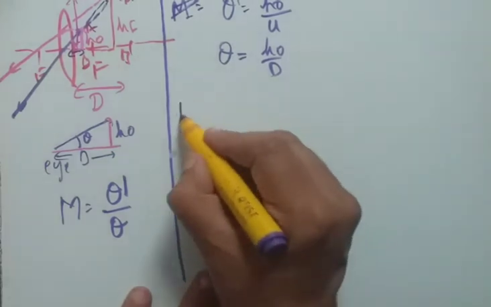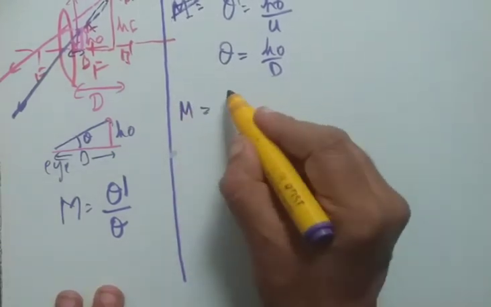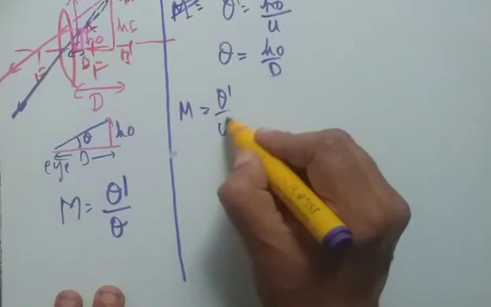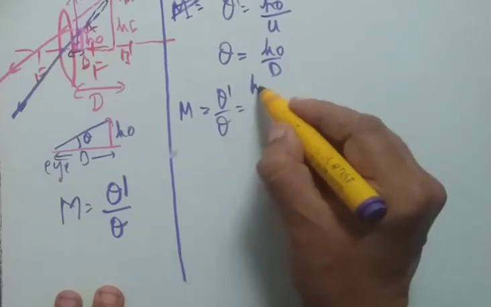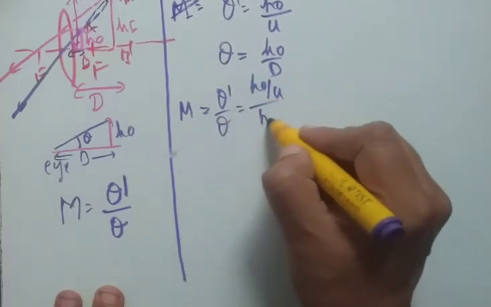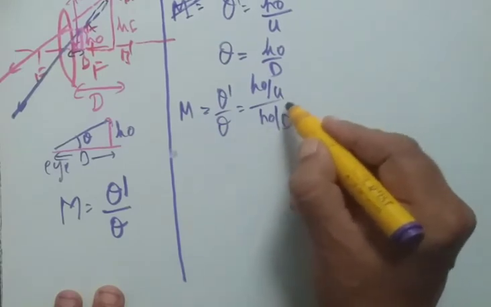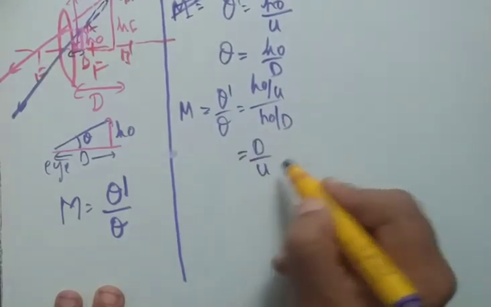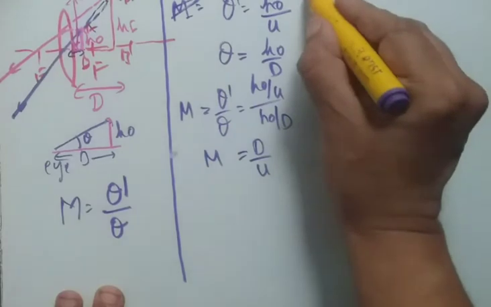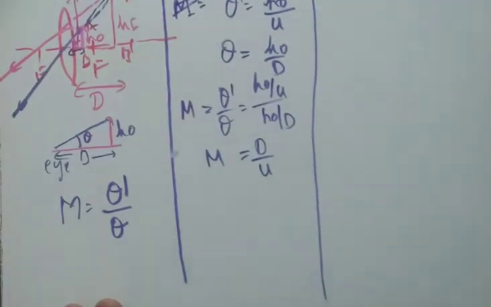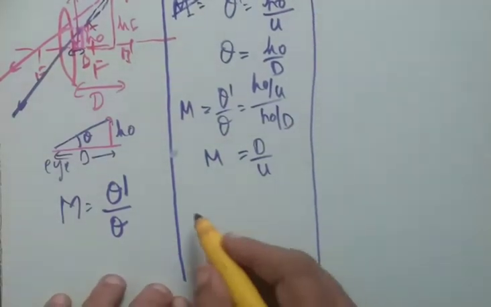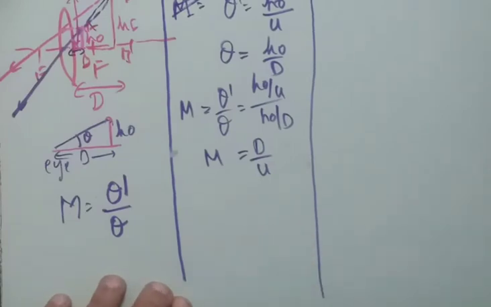Now angular magnification or magnifying power, theta dash by theta, which is HO by u over HO by d, amounts to d by u. This is the magnifying power of the microscope, but we can simplify it more, because u we cannot use directly, we have to write it in terms of focal length.